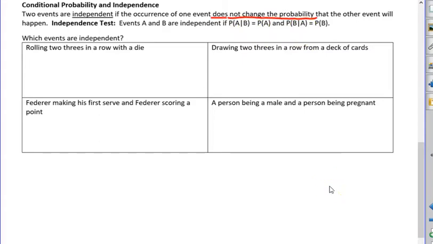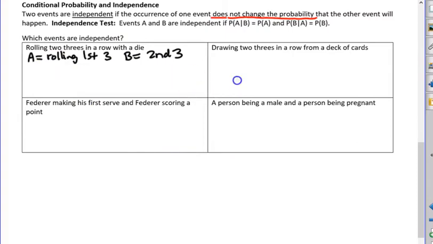So let's check rolling two 3s in a row. Let's say that event A is rolling the first 3, and B is the second 3. What we want to know is, does rolling the first 3 affect the probability of rolling the second 3?